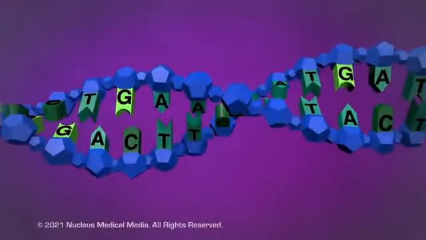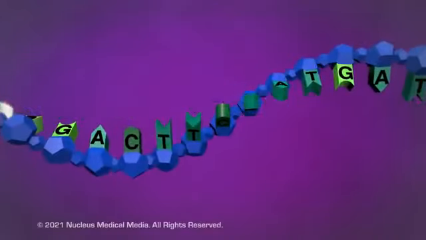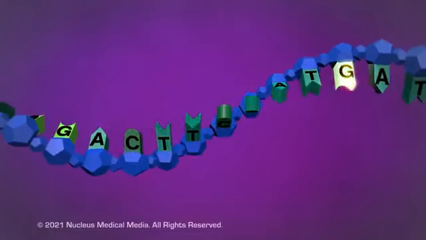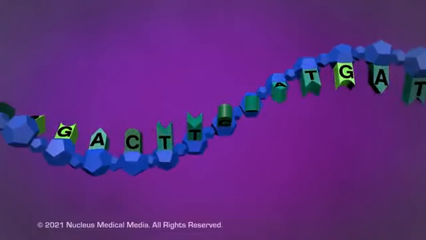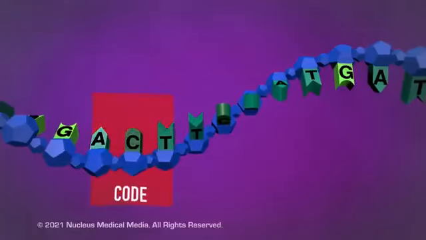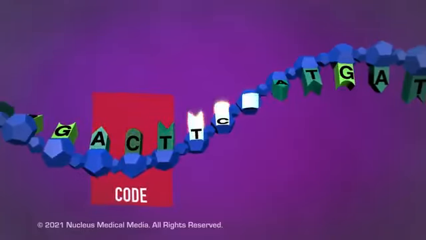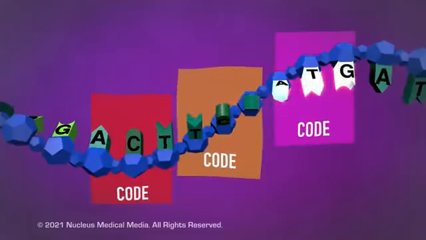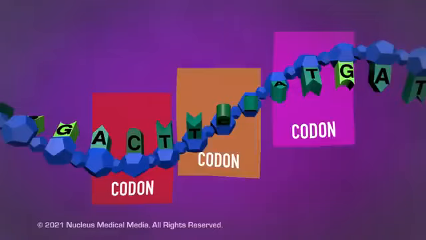And within a gene, the specific order of nitrogenous bases dictates the order of amino acids that will make up the protein. Each group of 3 consecutive bases in the gene is actually a code for a particular amino acid. As a result, each group is referred to as a codon.